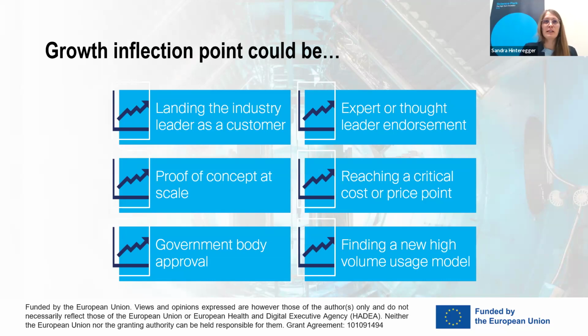Then proof of concept at scale means that an early adopter customer starts using your product or service and thereby validates the value proposition of your solution. You can then use this data in case studies and incorporate it in your promotional materials and thereby try to get a more rapid acceptance of your solution by additional customers.